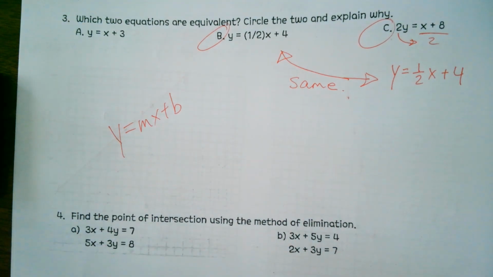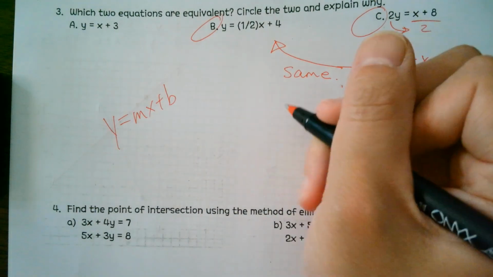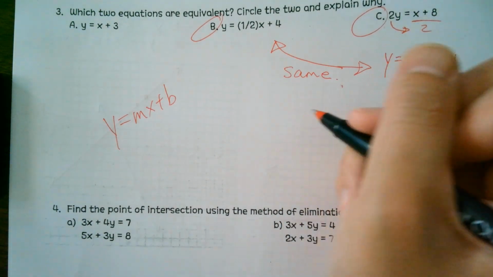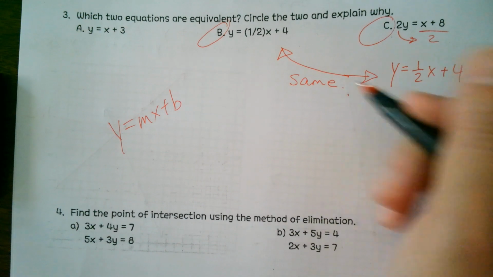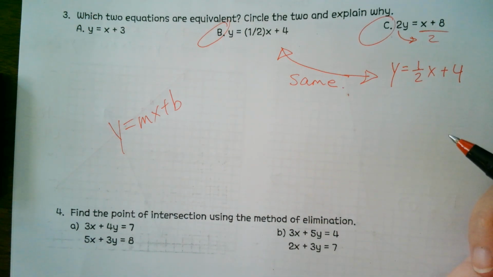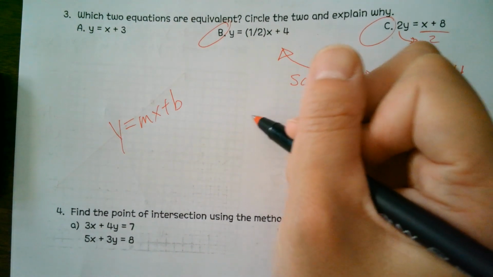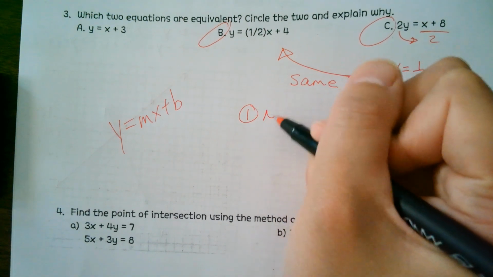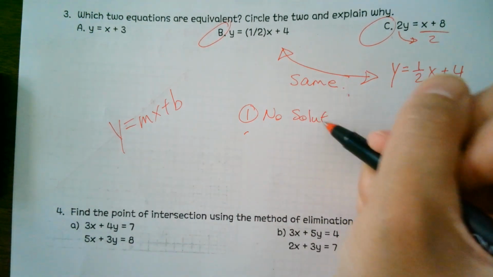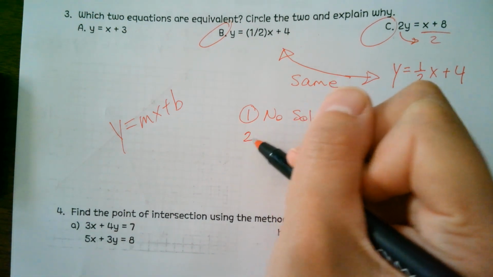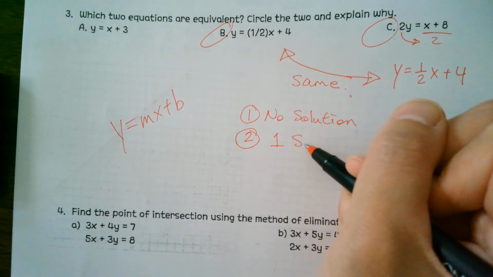Okay, if they are the same equation, how many solutions does this system have? How many solutions? Do we have no solution? 1 solution?